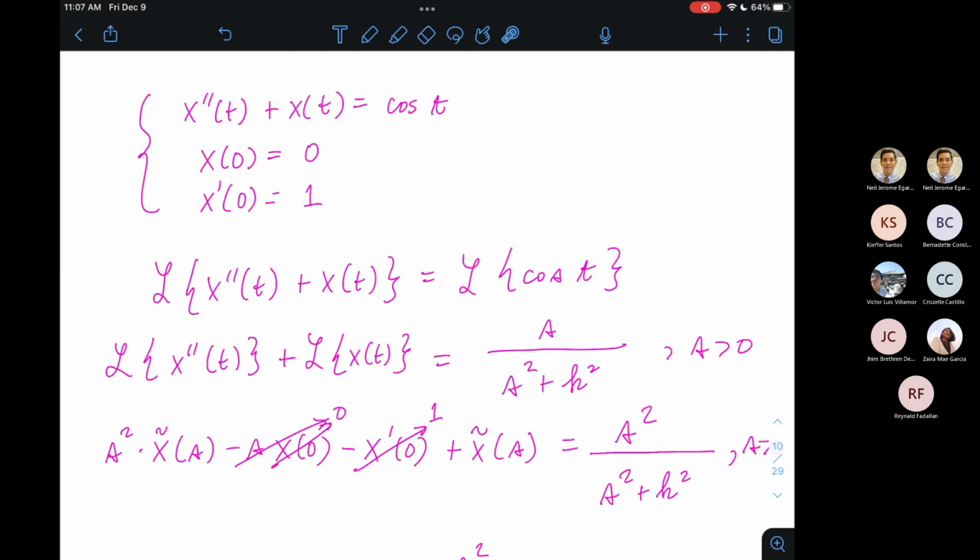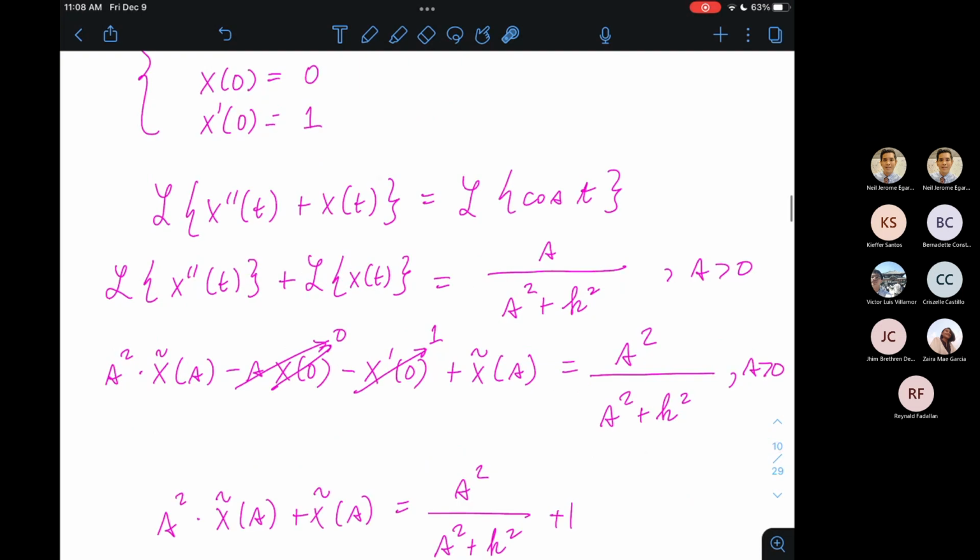Kapag ka meron kang initial value problems, lalo na kapag ka 0 yung nandun sa yung initial value ni t, madaling gamitan ng Laplace transform. Directly mo siyang magagamit. Kung ito ay hindi 0, mag-change of variables ka para ito ay maging 0. Kasi kailangan ko yan para magamit ko yung theorem ng Laplace transform ng derivatives.